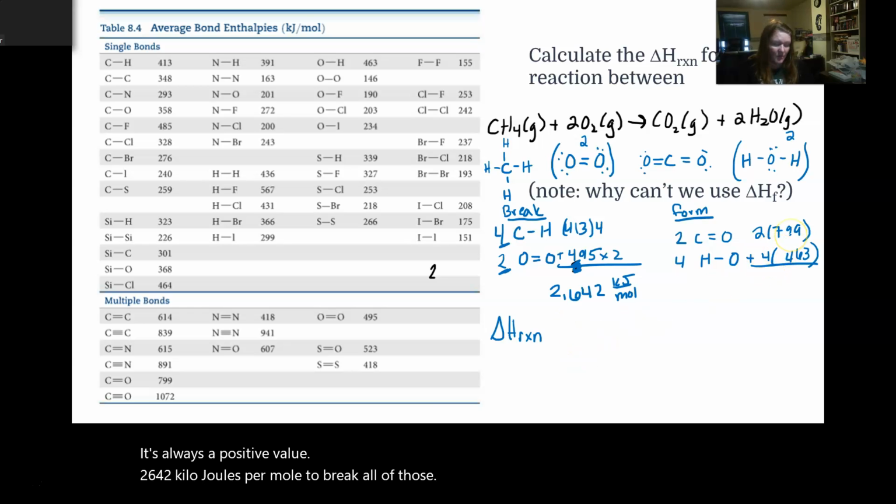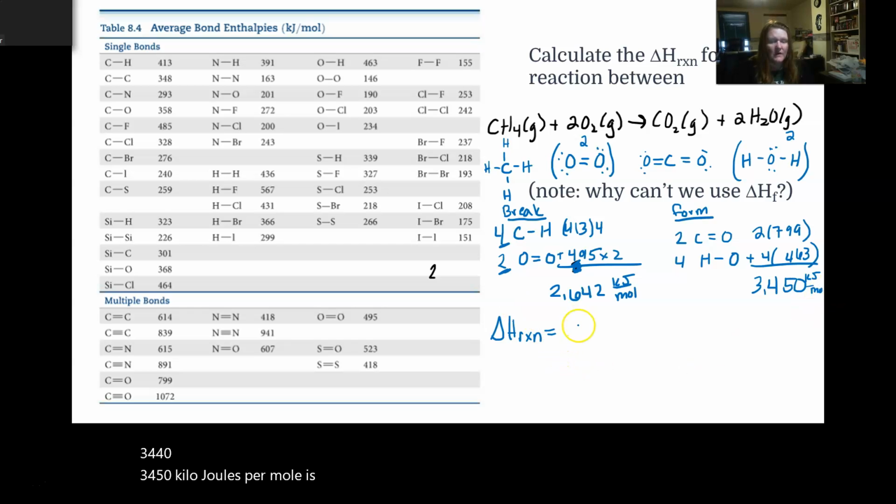And to reform, so we get this energy back, 3,450 kilojoules per mole is formed.